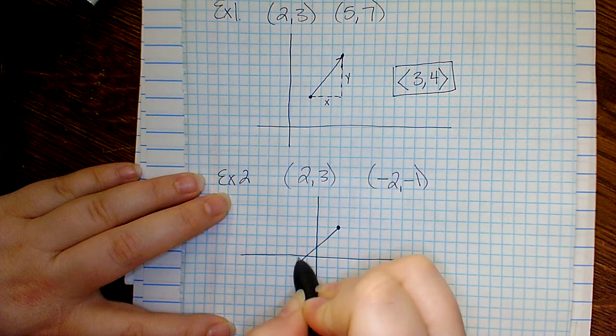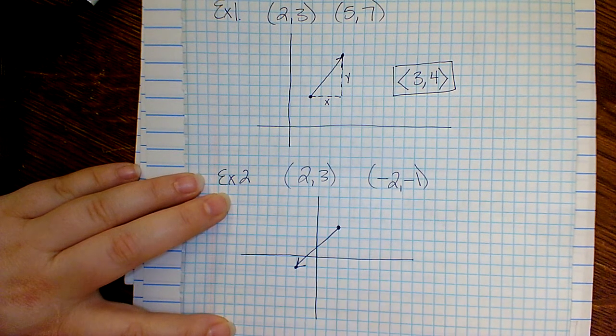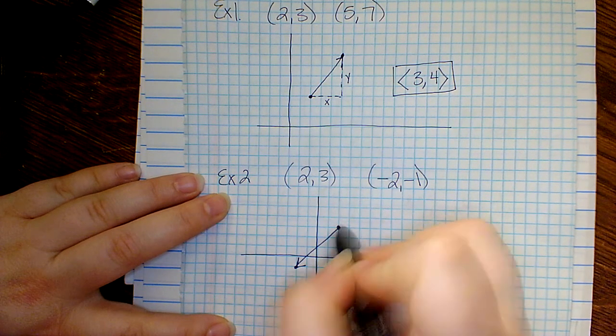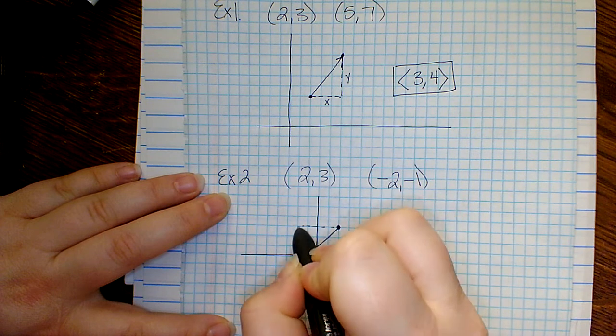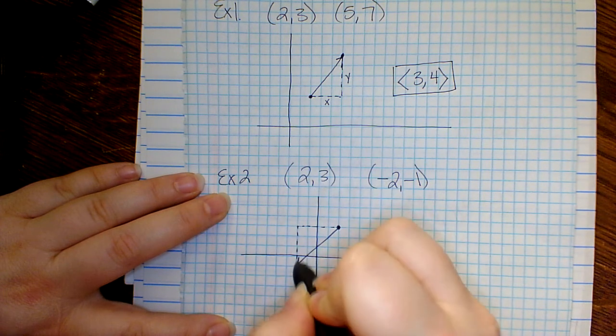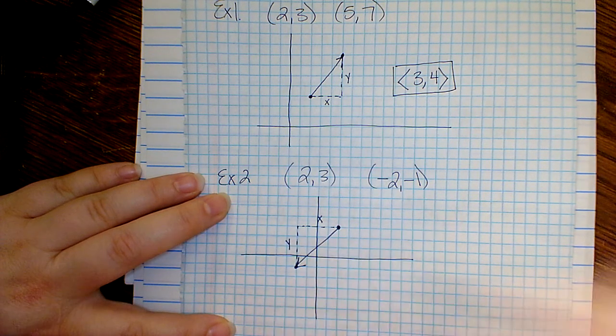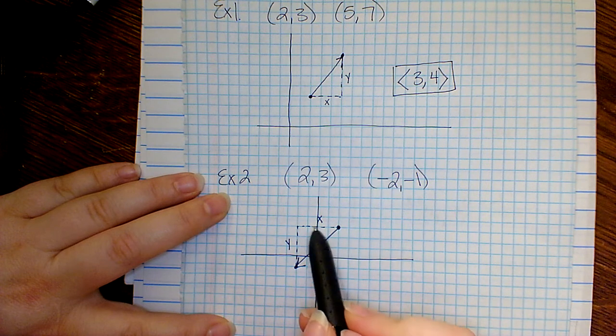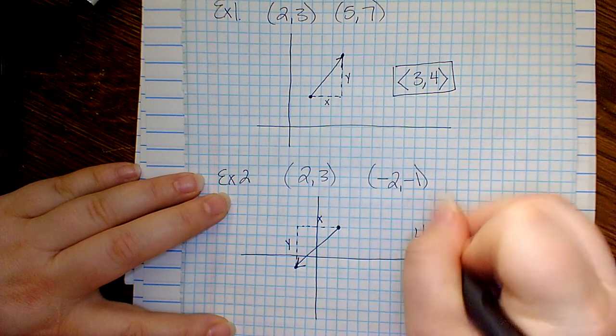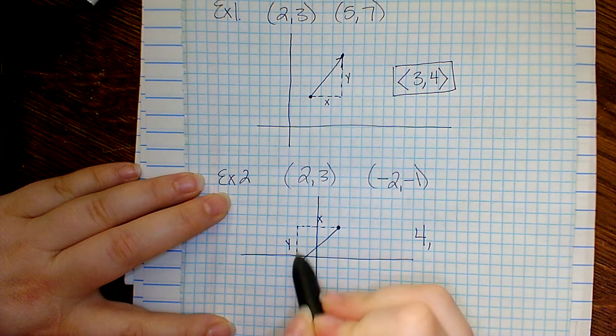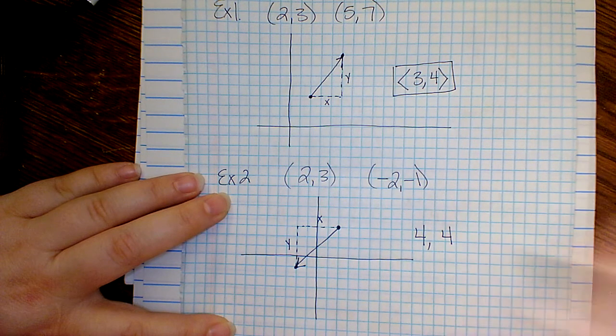So this vector right here is the vector I want to find the components of. From here to there, our x component, and then our y component. Again, we can count our boxes: 1, 2, 3, 4 for the x component, and 1, 2, 3, 4 for the y component.